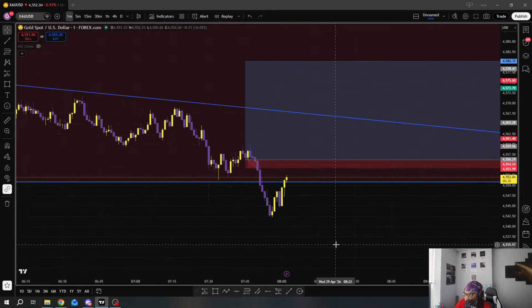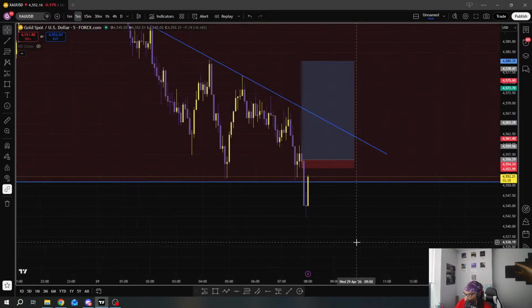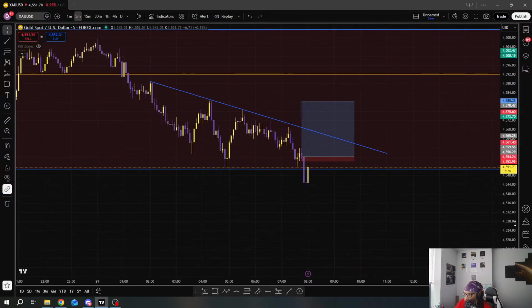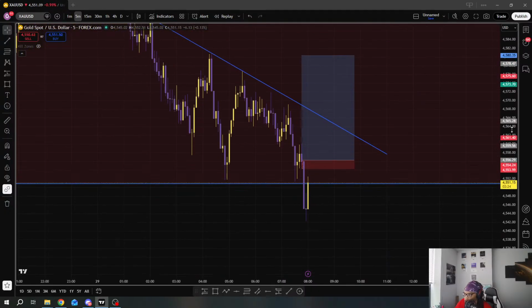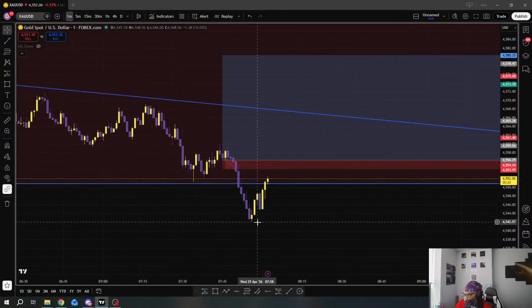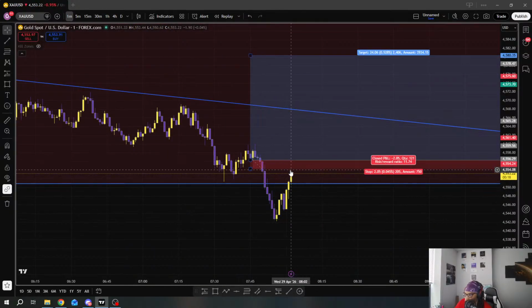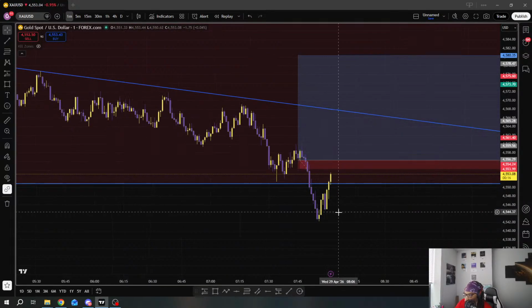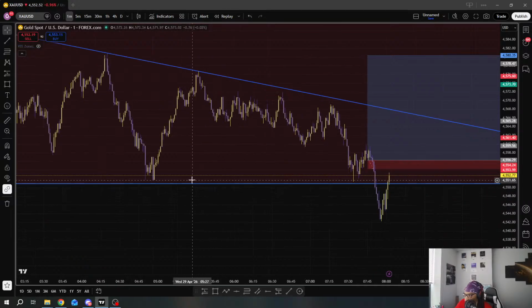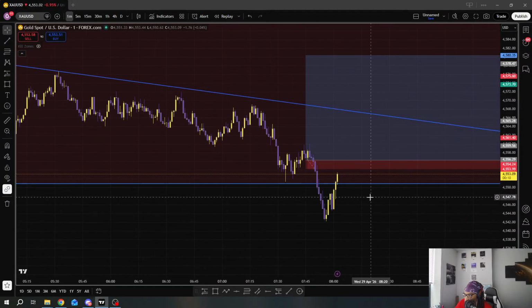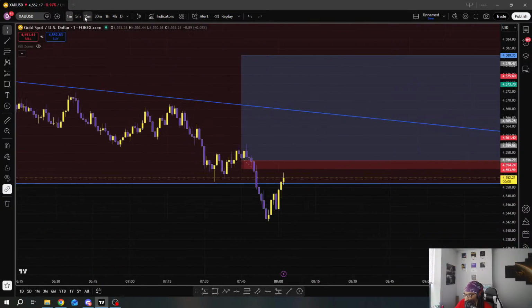Look at this. The guy is going right back up to our initial entry. Crazy. Nice little area. We done broke past this structure. Can we hold past this structure?